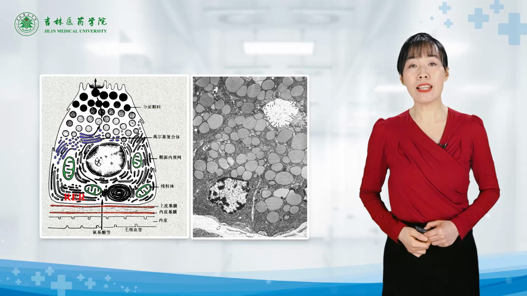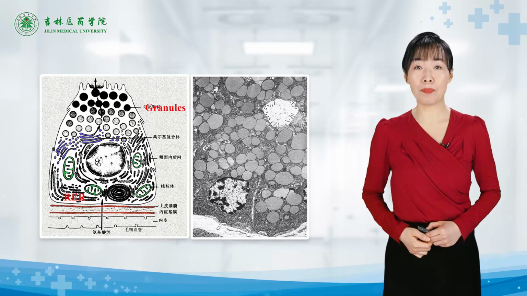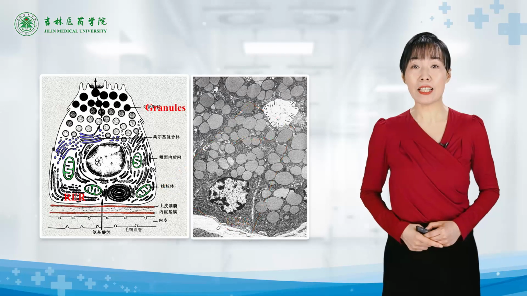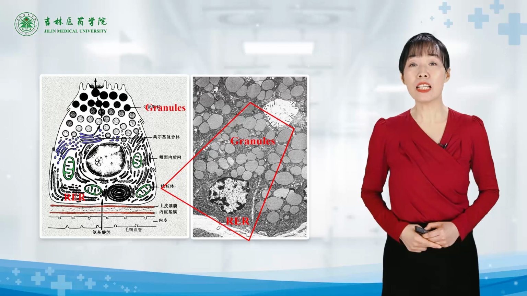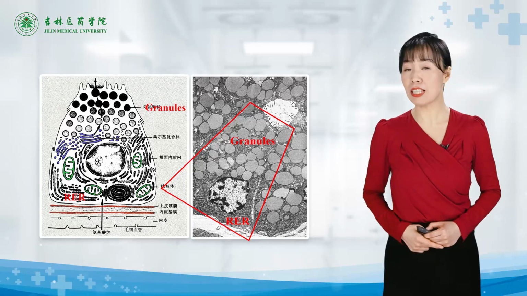The granules in their cytoplasm contain the inactive enzyme pepsinogen. Pepsinogen is rapidly converted into the highly active proteolytic enzyme pepsin after being released into the acid environment of the stomach.